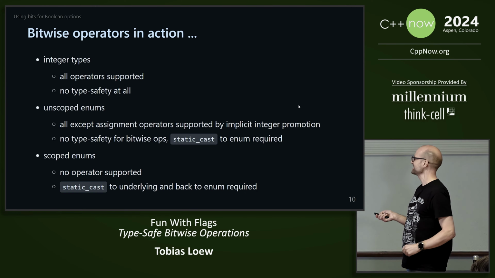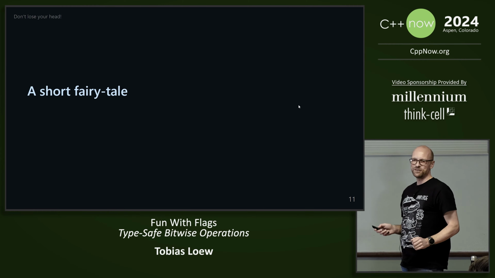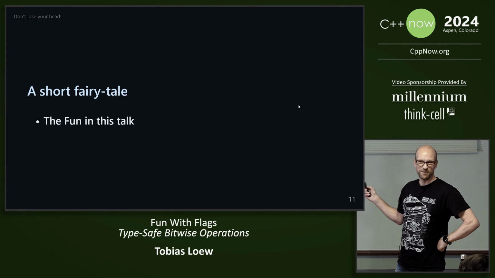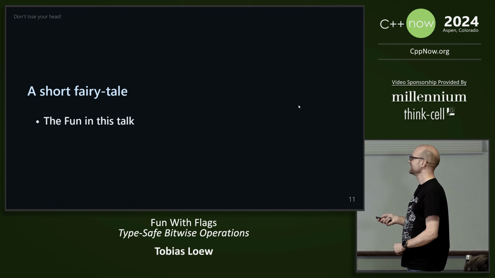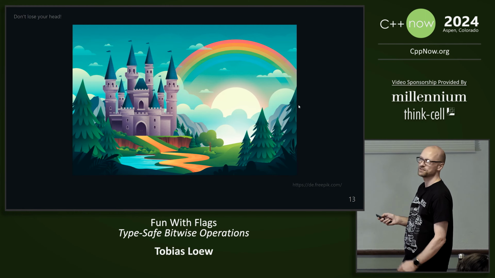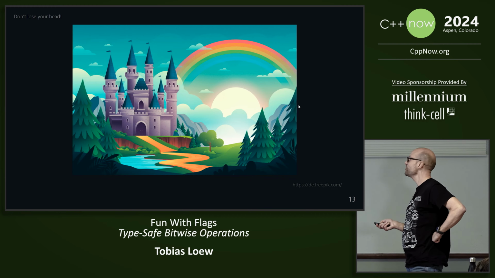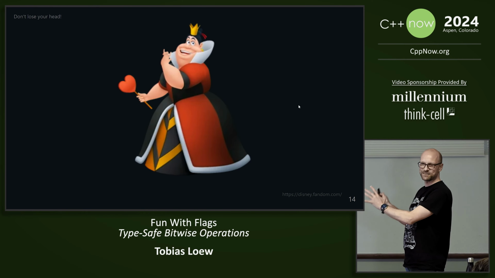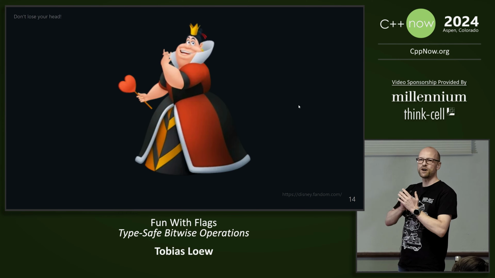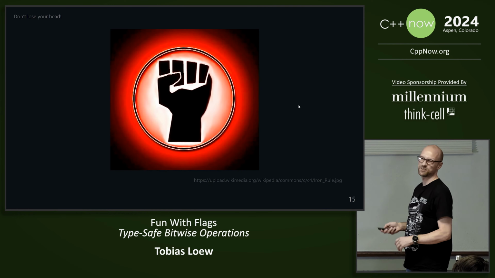Okay, let's see. I want to tell you a short fairy tale. This is a fun part of the talk, by the way. Once upon a time, there was a kingdom which was ruled by the nice Queen of Hearts, and she ruled the whole kingdom with an iron fist.